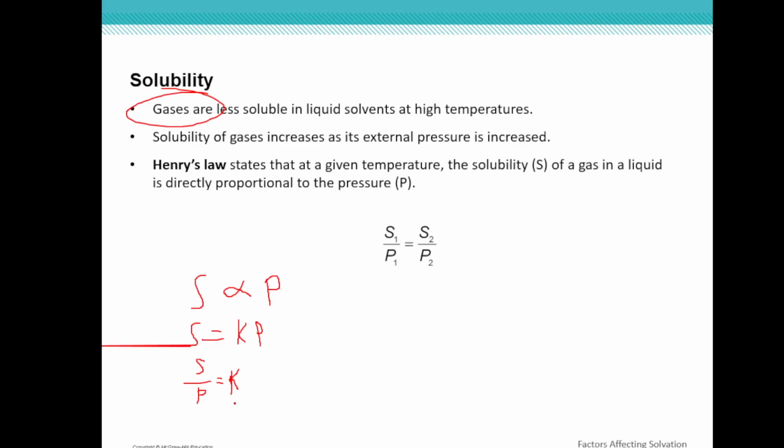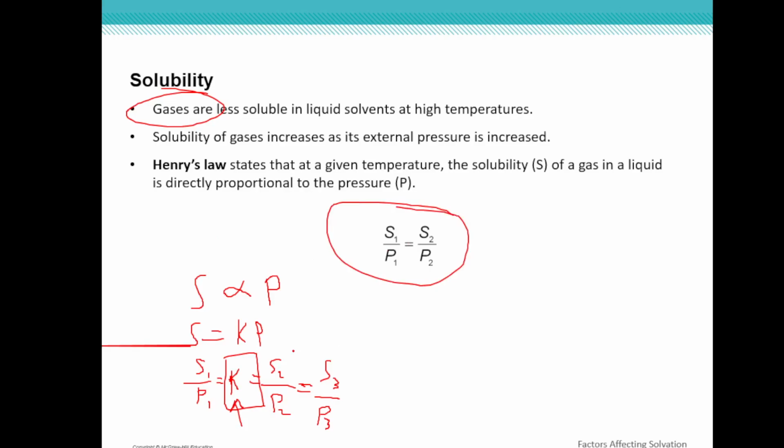Because K is a constant, and S and P are variables, we could have S1 over P1 equal to K, or S2 over P2 equal to K, or S3 over P3 equal to K. We could change the solubility and pressure to whatever they will be, and it will always equal this same constant value. So we can say that S1 over P1 is equal to S2 over P2 equal to S3 over P3, and that's how we get this equation, which is Henry's law.